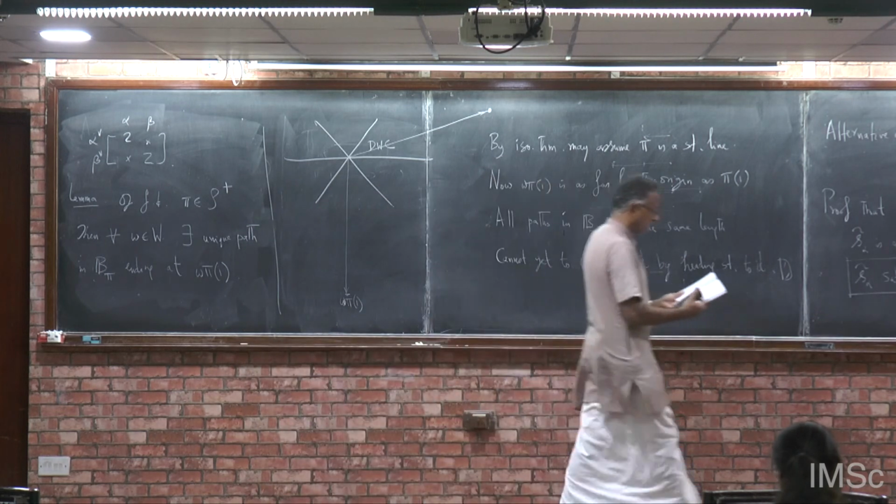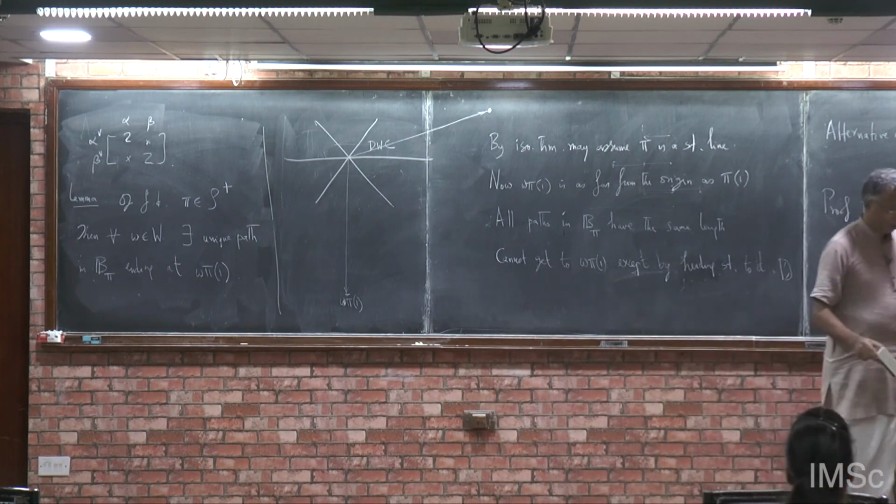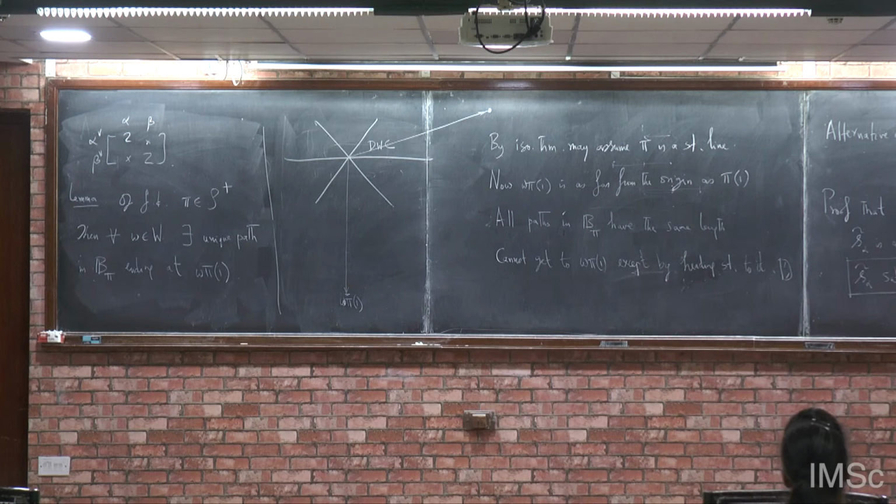Just a comment: in the example which we have done, 0 was having multiplicity 2, but that is not a positive conjugate.